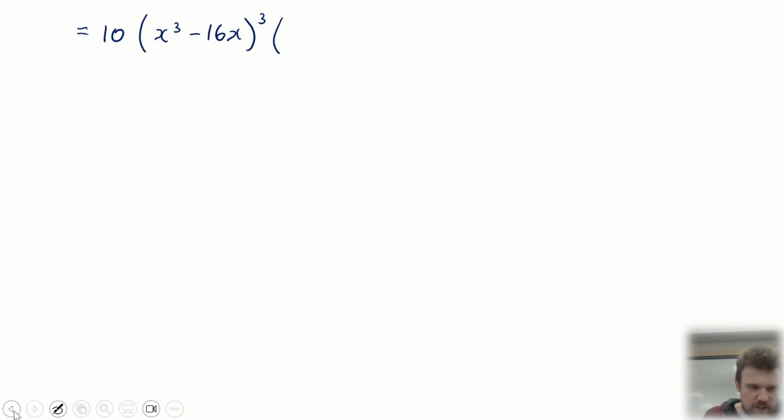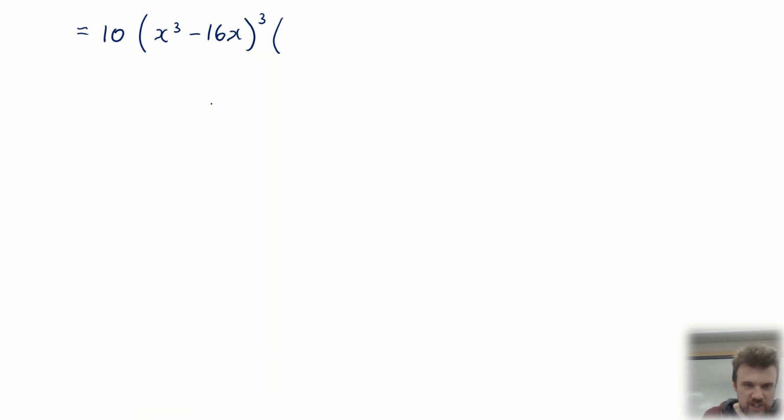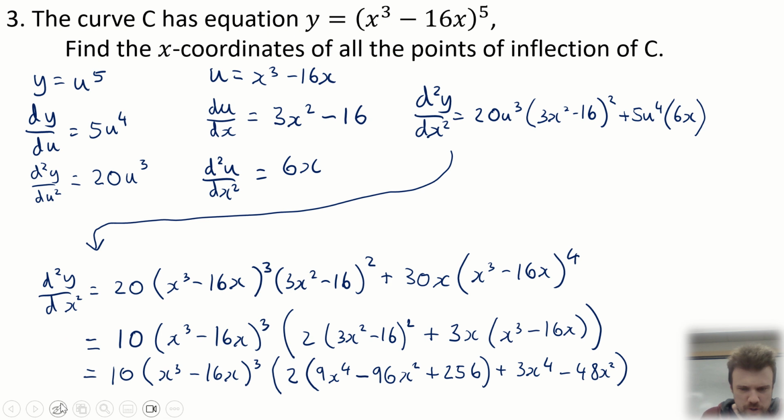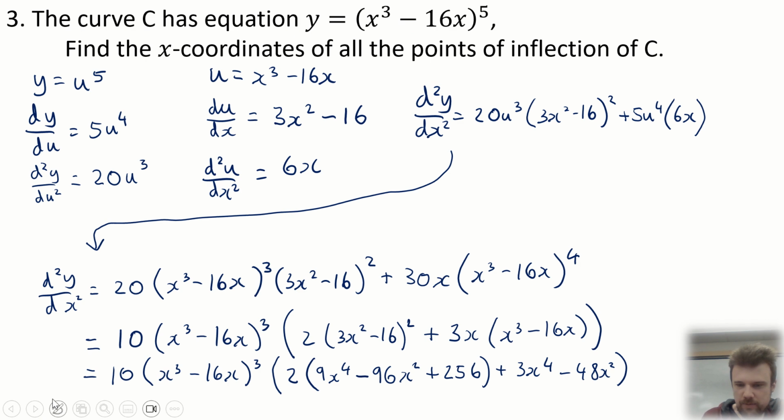Oops, wrong direction, wow. 18, 192. And 256 times 2, which is 512. And then we're adding on the other two things. Oh my goodness, the wrong way again. One day I'll learn.